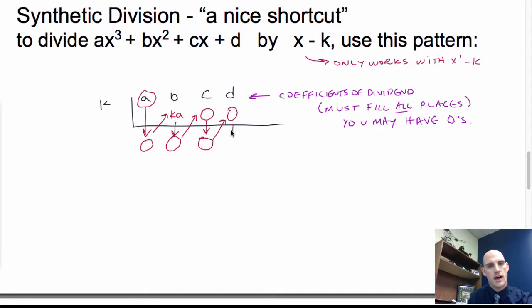Get something here, add to bring it down. So the pattern is vertically, we're going to add the terms. And then diagonally, anywhere you see a diagonal line, we're multiplying by k.